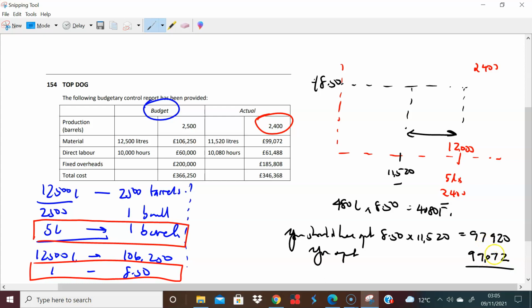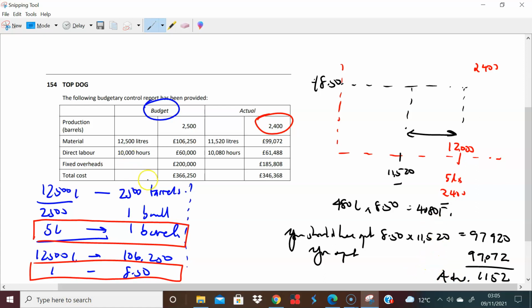You spent more. So 99,072 minus 97,920 is 1,152. So you have 1,152 adverse.